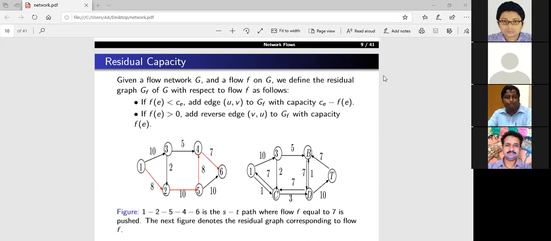So 1 to 2, there was a flow of 7. In the reverse direction, in the residual, we introduce an edge of 7, and in the forward direction, we have a residual capacity of 1.